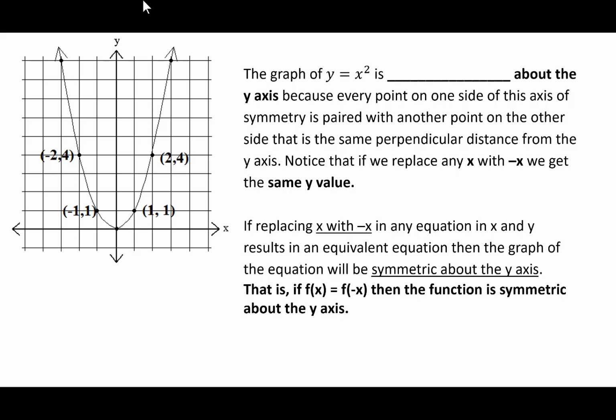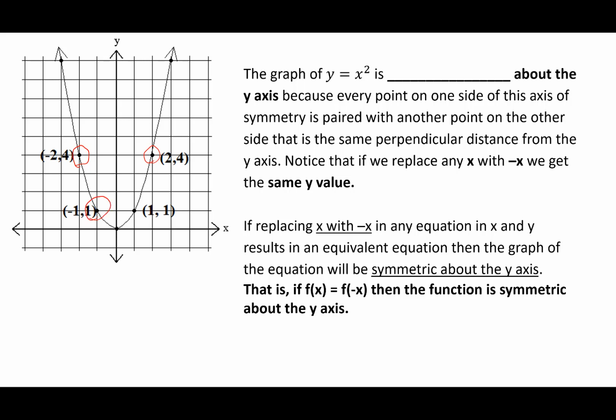Okay, so like over here, you've got negative 2, 4, and over here you have positive 2, 4. So for every point on one side of the y-axis, there's another point on the other side that's on the graph exactly that many units away.